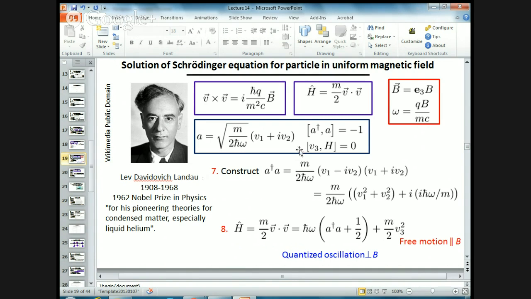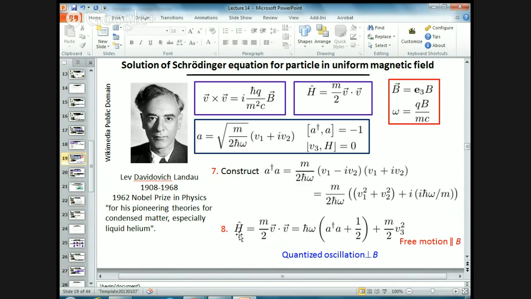To summarize, one last step, or maybe two. We got these raising and lowering operators. Let's calculate the product A dagger A. When one does that, you get back something proportional to the Hamiltonian, plus a constant offset.